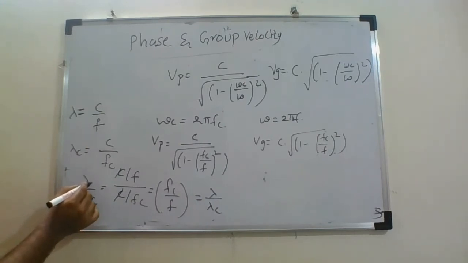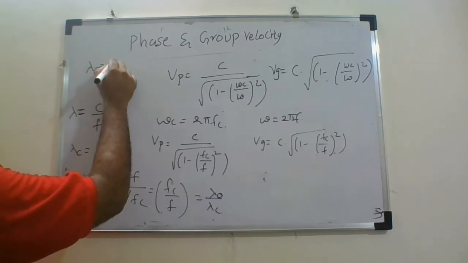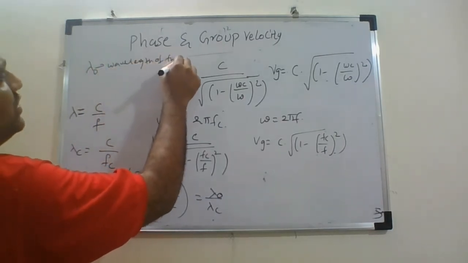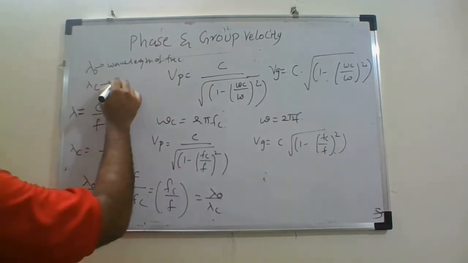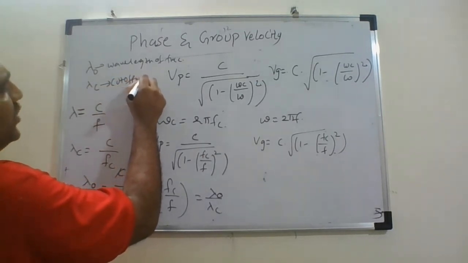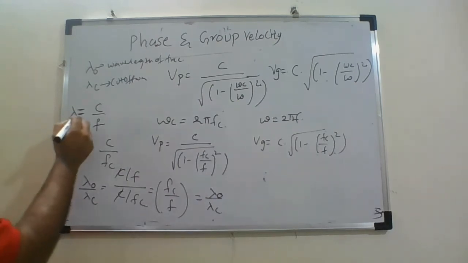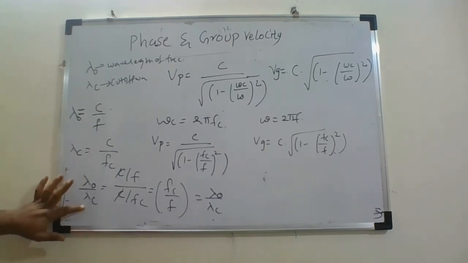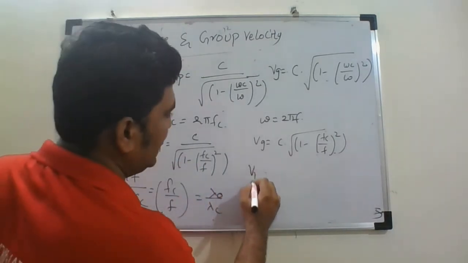To differentiate, let us call this lambda naught, where lambda naught is the wavelength of free space, and lambda c is the cutoff wavelength. Lambda naught is c by f, lambda c is c by fc, so lambda naught by lambda c is equal to fc by f. Using this, we can express Vp and Vg in terms of lambda also.